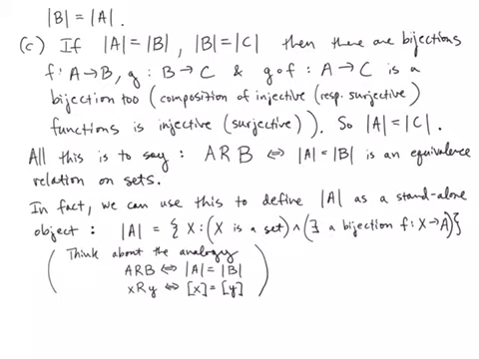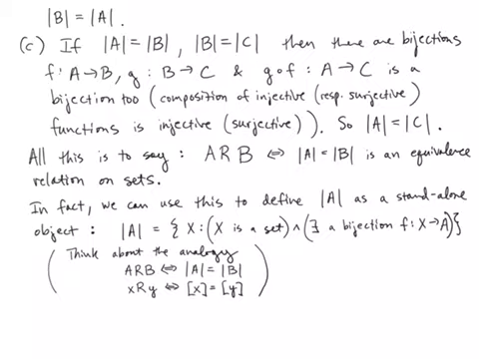The definition is that the cardinality of A is essentially the equivalence class of A with respect to this relation on sets that we have above. So the cardinality of A is just all of the sets for which there's a bijection from that set to A. Right?